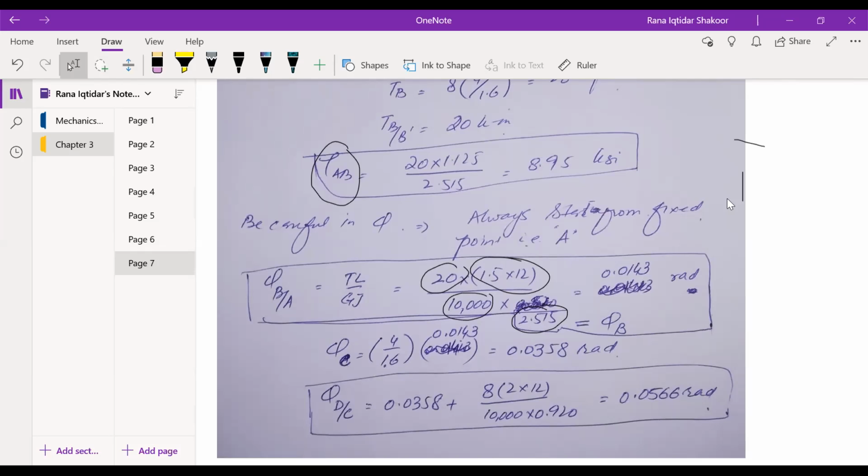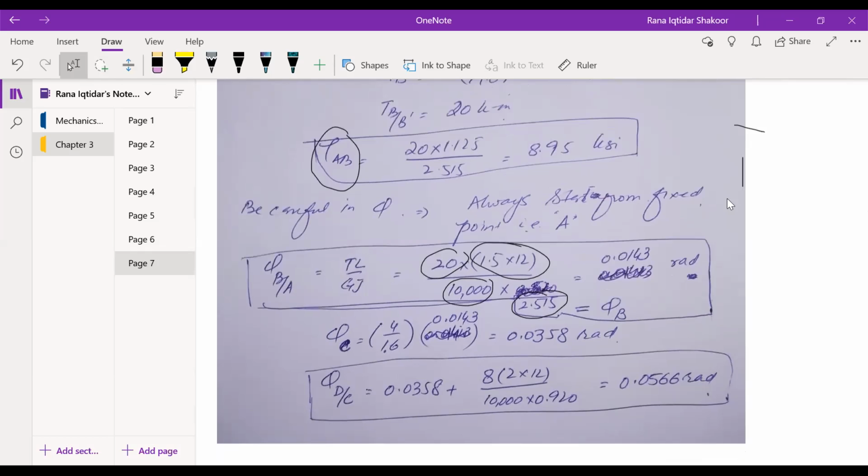That is the phi equals TL by GJ, because of this torque 8 additionally being applied on that particular shaft. So phi DC will be 0.0566 radians.